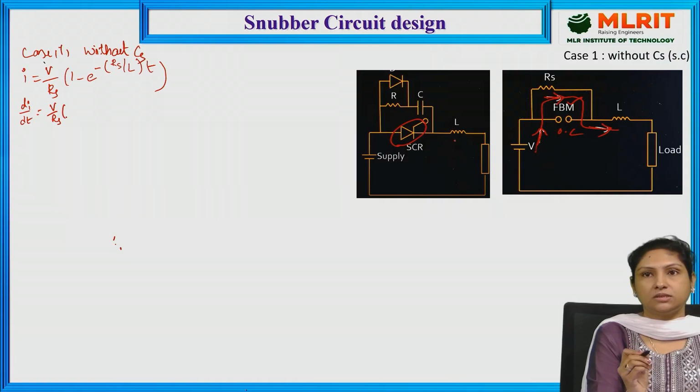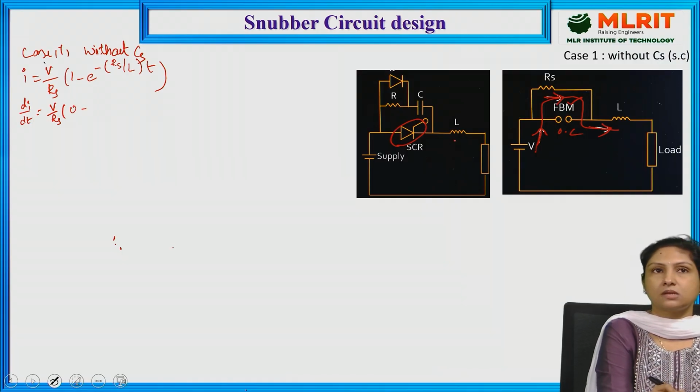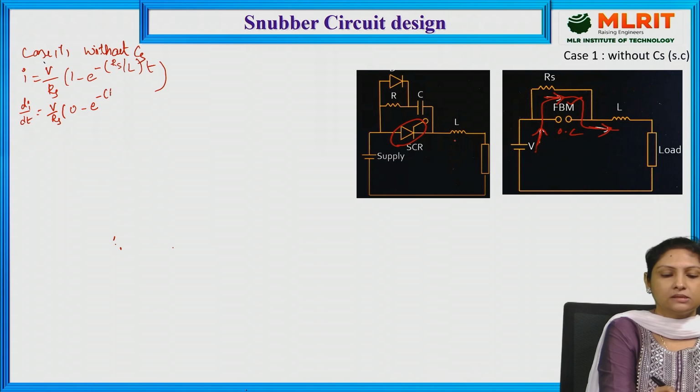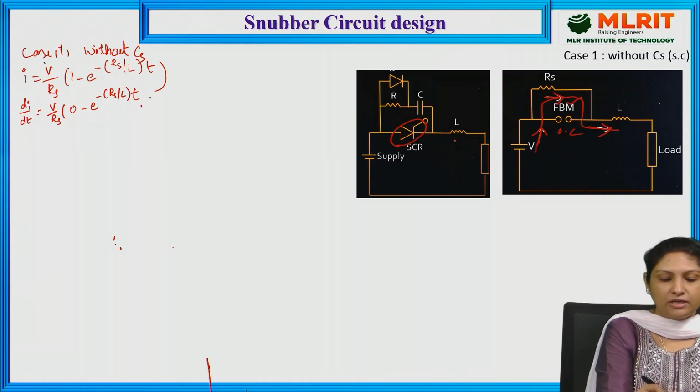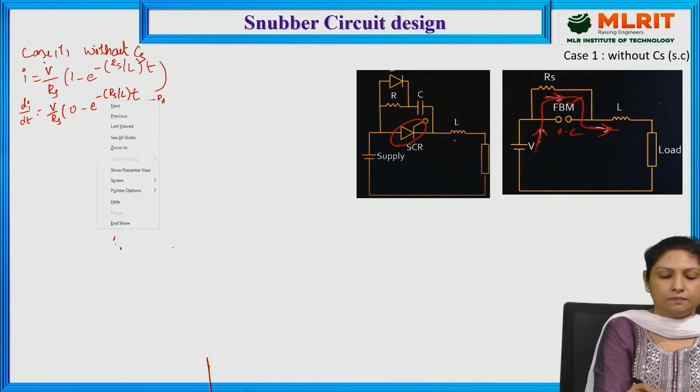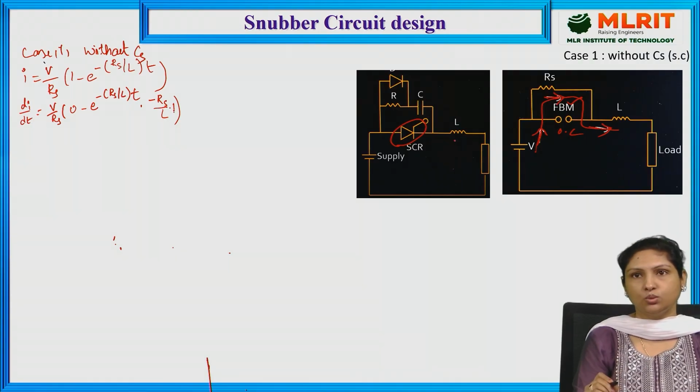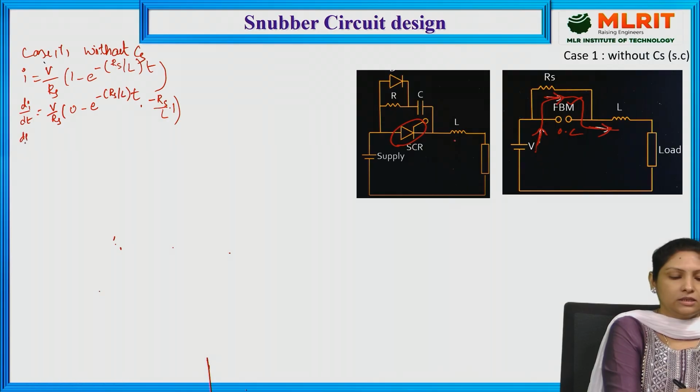Since 1 is constant, 0 minus e power minus Rs by L into T, and further differentiating with the chain rule, we get minus Rs by L, where the derivative of T is equal to 1 because it is with respect to T. And here we get di by dt is equal to V by Rs, and here minus e power minus Rs by L into T.